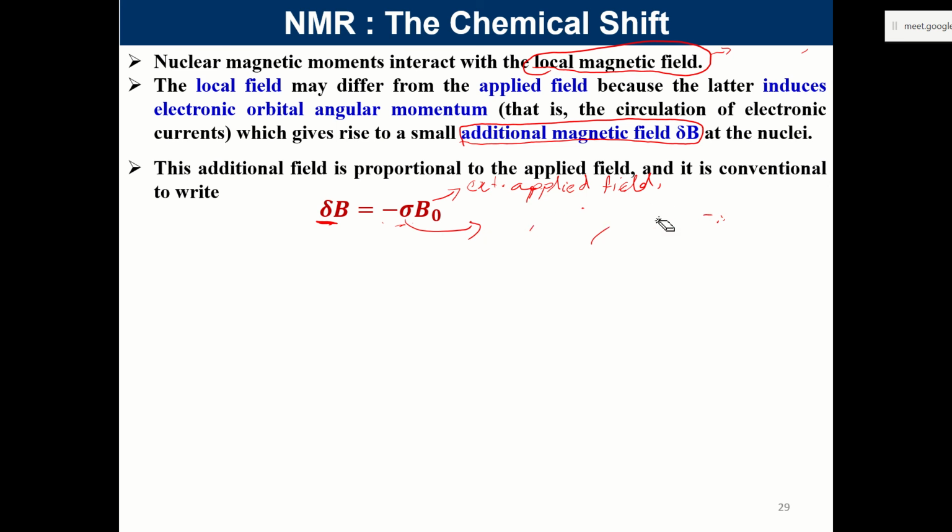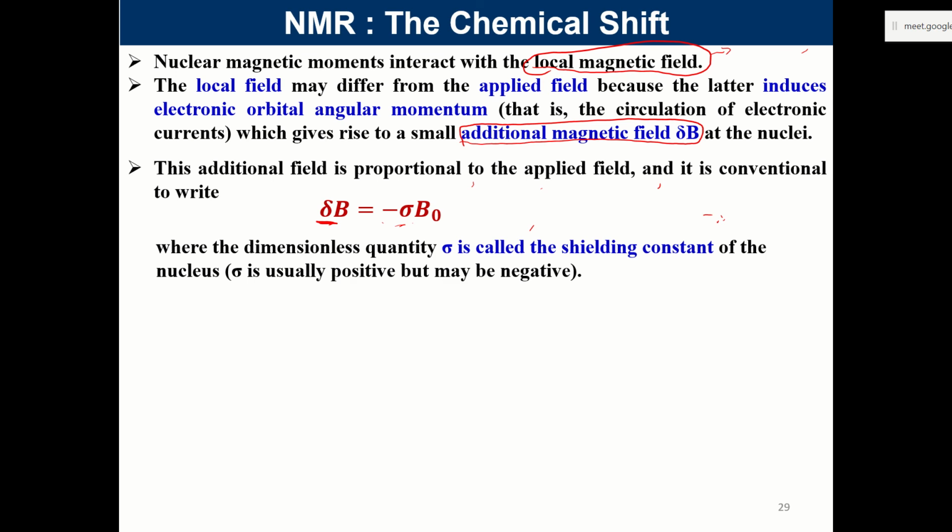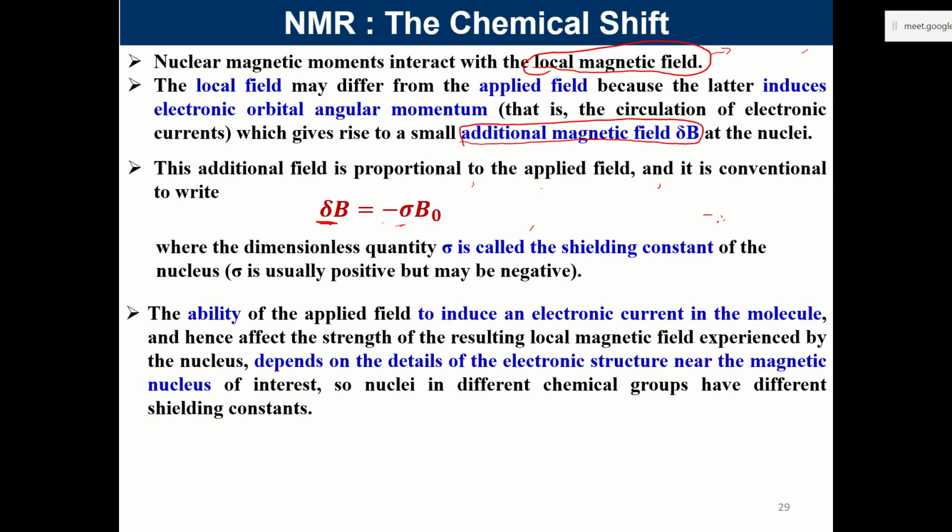So the total net field can be written accordingly. It is called the shielding constant, a dimensionless quantity, usually positive but maybe negative. With a positive shielding constant, the nucleus is getting shielded by the electrons present around it.